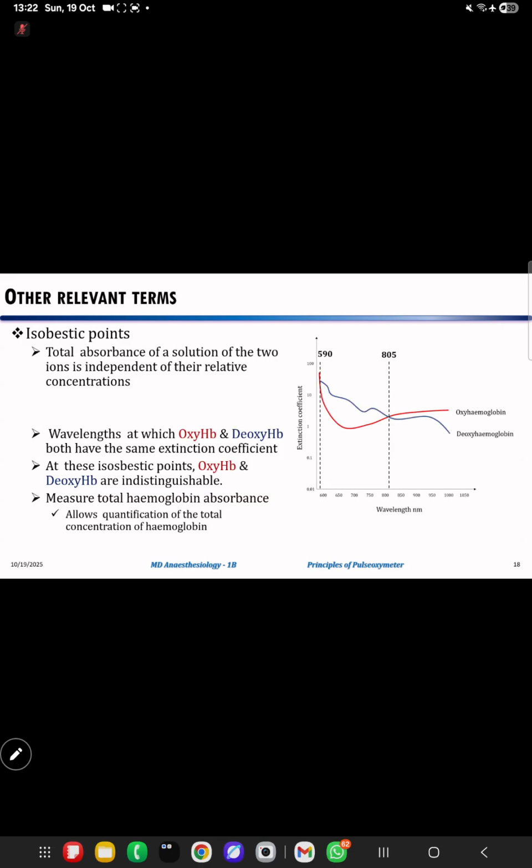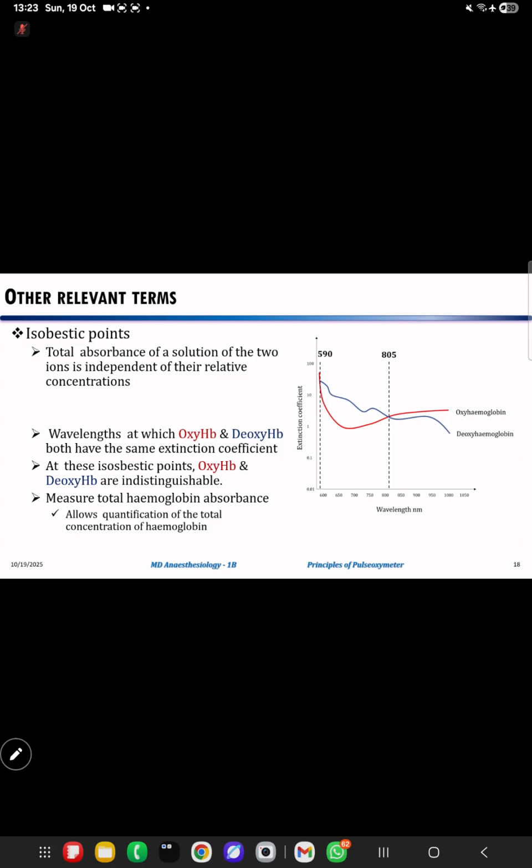And there's another thing called isosbestic points. These isosbestic points are the two values on the oxyhemoglobin and deoxyhemoglobin curves where the absorption is similar. Those are considered at 590 nanometers and 805 nanometers.